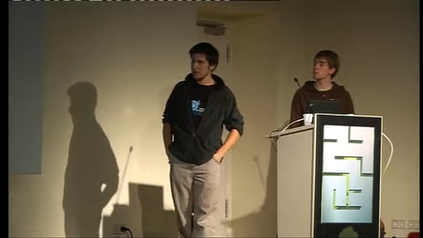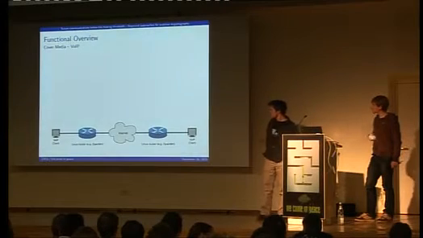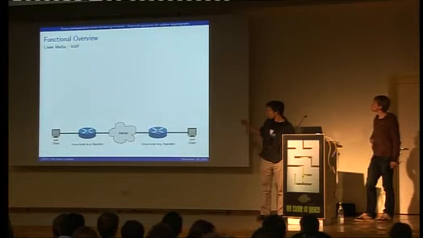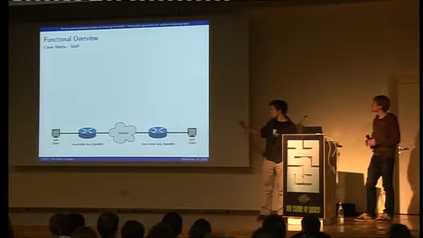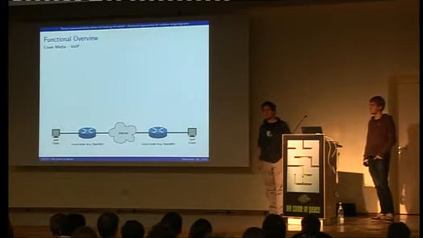Here we have an image which shows the setup for Voice over IP. In Voice over IP we have two computers, one on the left, one on the right. Both have a Voice over IP client installed. And they both communicate over the internet. To do so, they both connect to a router. We described here that it's a Linux router.